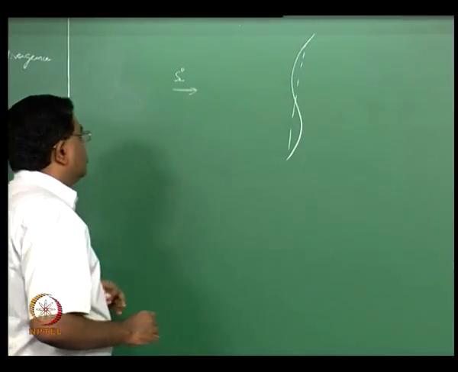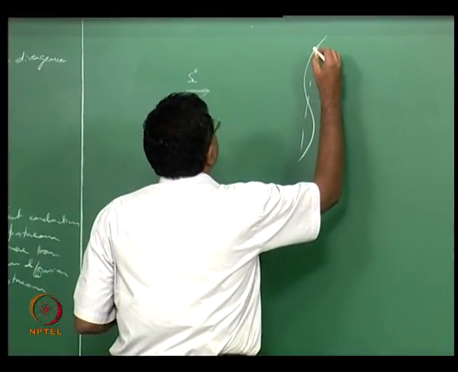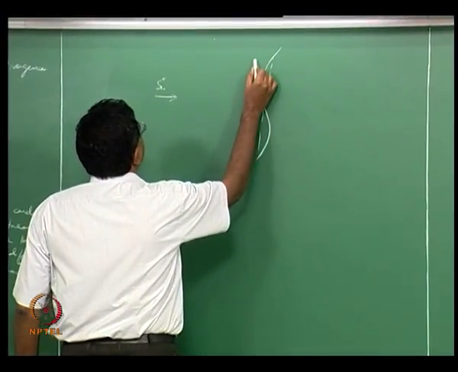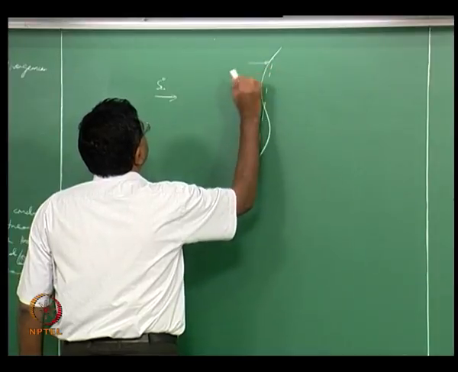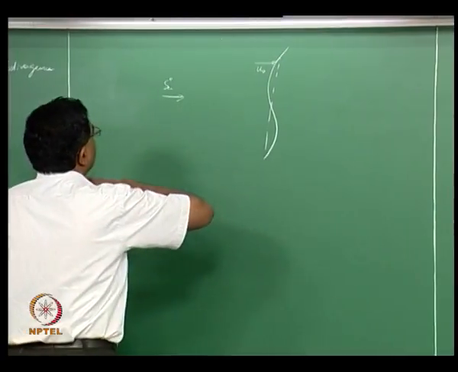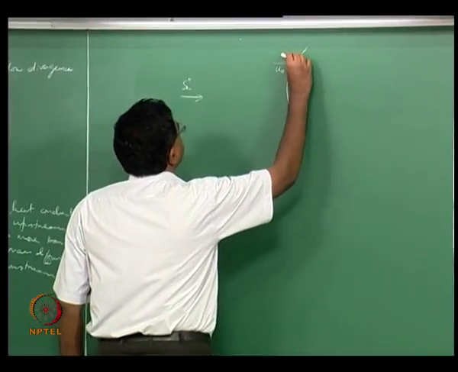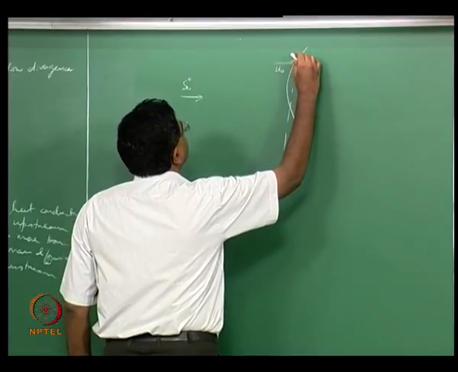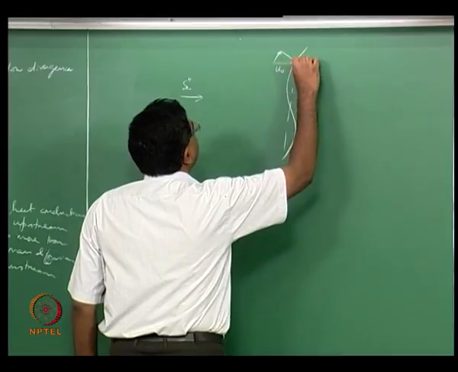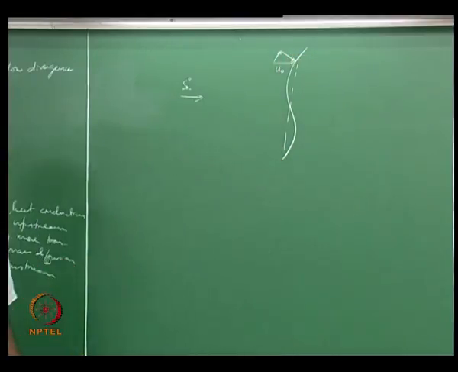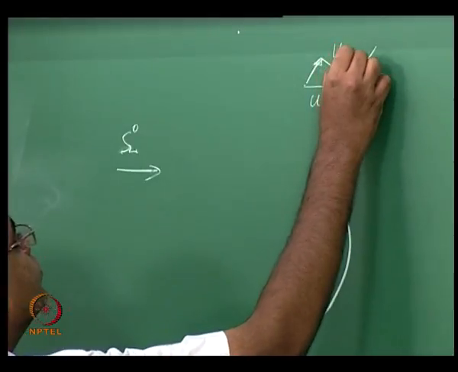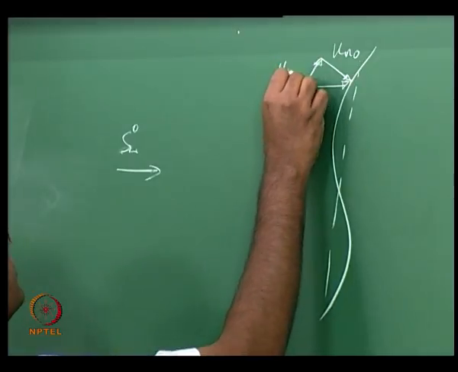So if you think about a point along a curved flame, let us suppose this is your U naught, and you want to decompose this as parallel and perpendicular to the flame. So this is U_n naught and this is U_t naught.